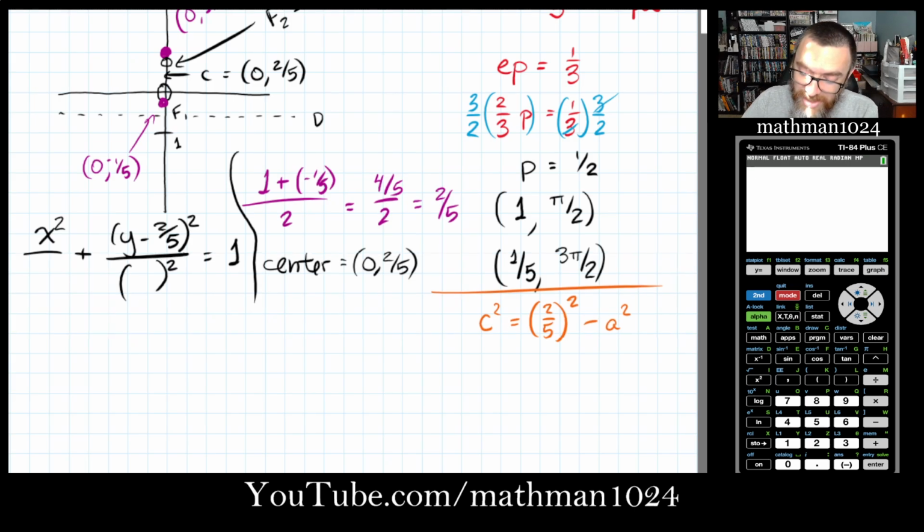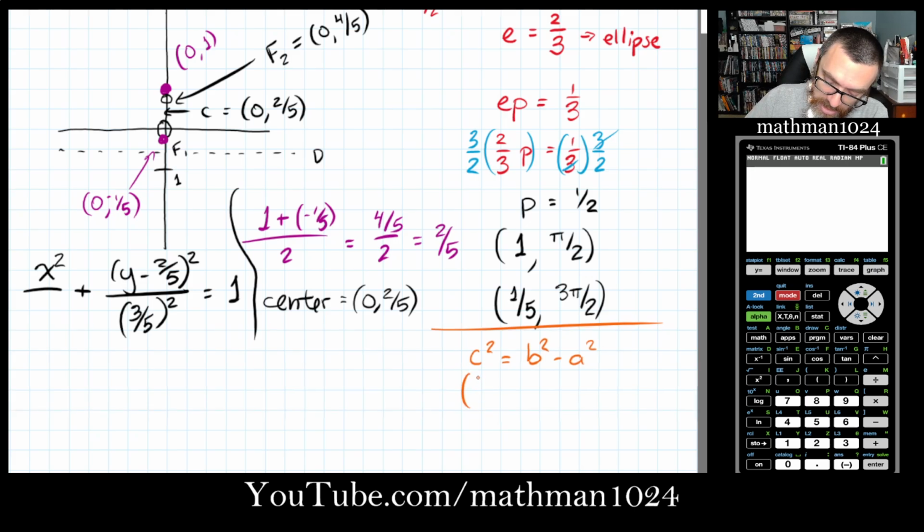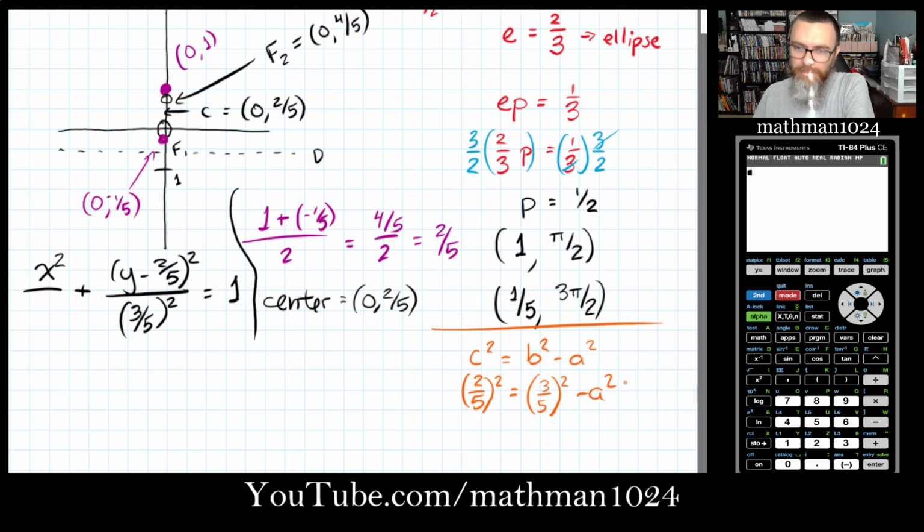Sorry, the distance from not the center to the focus, but the center to the endpoint is going to be 3/5. And so that's the value that goes down here. That's my b value. My c value is the 2/5. Maybe I've just had a long day. So c squared is going to be the b squared minus a squared. So c is 2/5, b is 3/5.